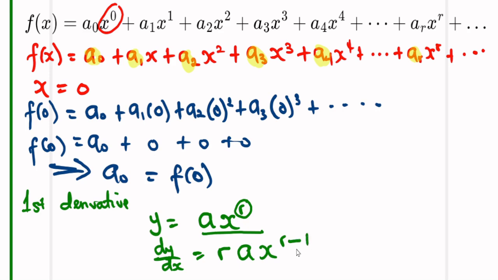So if we are given a function y equal to ax^r, we are differentiating with respect to x. That should give us dy/dx equal to the power r multiplied by ax raised to the power r minus 1. I would love us to take note that the derivative of a constant is always 0.